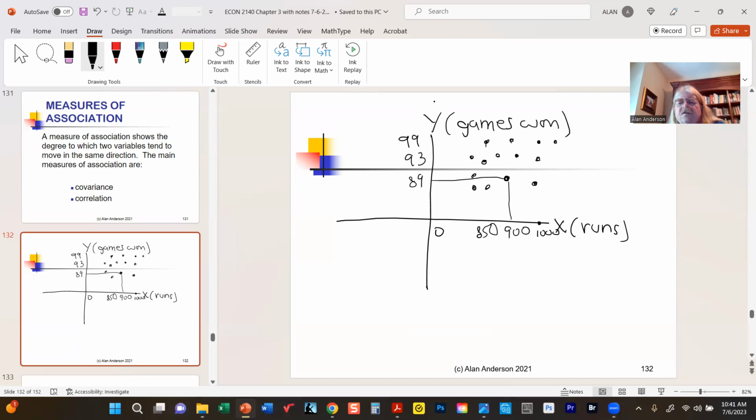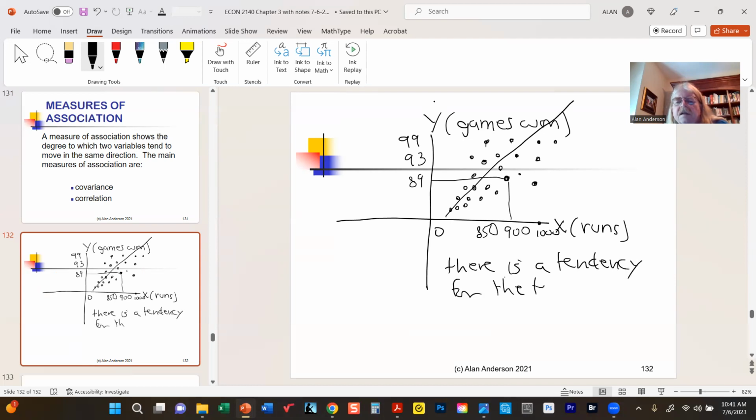We're going to eventually find that there's a pattern of some kind emerging here. What I'd like you to notice is that if I were to draw a line through these points, it would have a positive trend. What that's telling me is that there is a strong tendency for the team to win more games when it scores more runs.